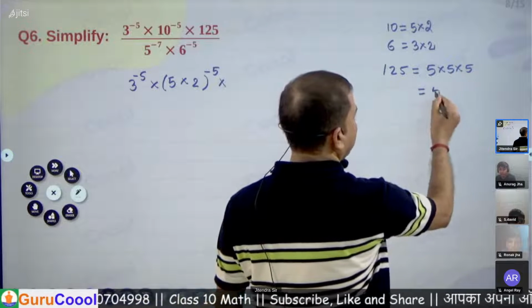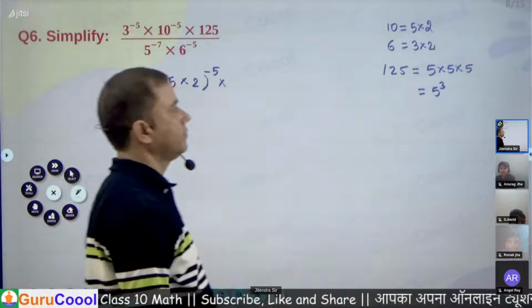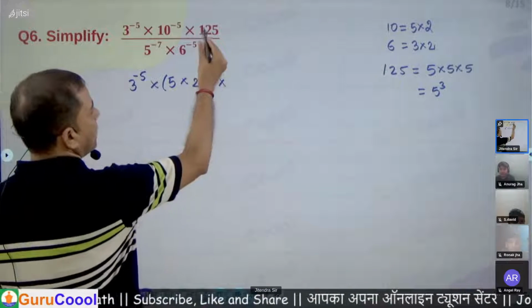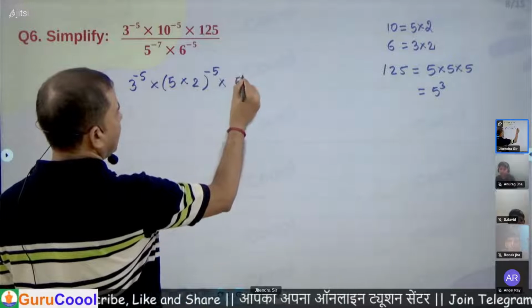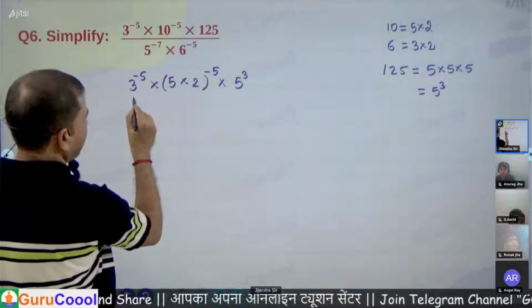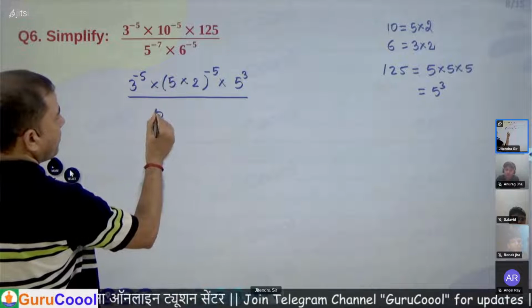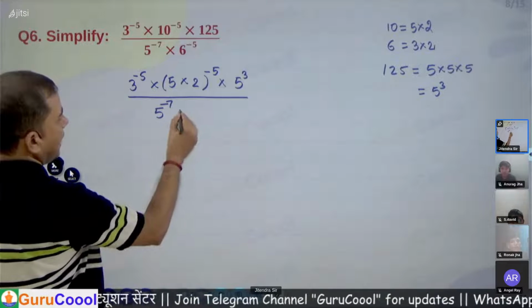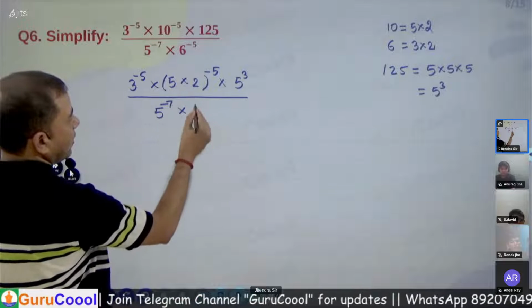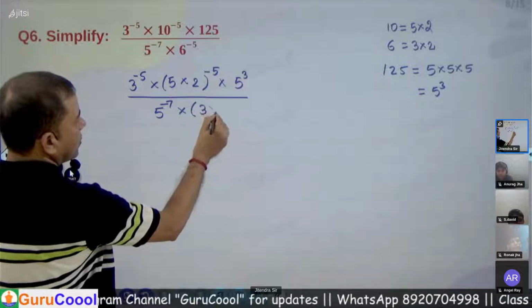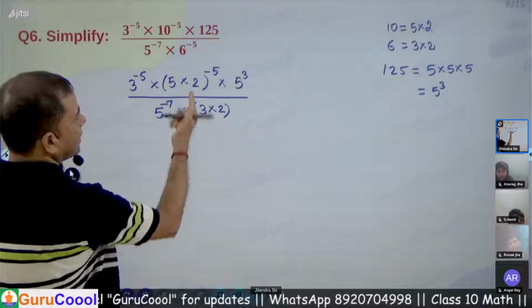That is 5 power 3. So in place of 125, we will write 5 power 3. In the denominator, 5 power minus 7, and then comes 6. We will write 3 times 2, not 6. That's the same thing, right?